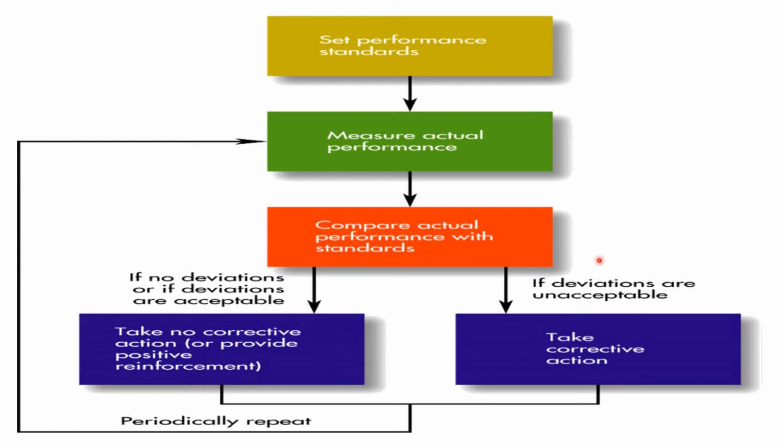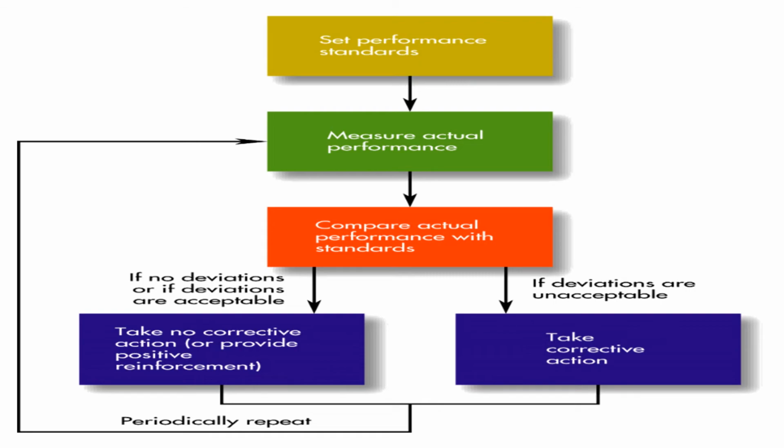However, if the deviations are unacceptable, we will take corrective action. We're going to redo it, and then measure once more and compare it with the standard that we have set.